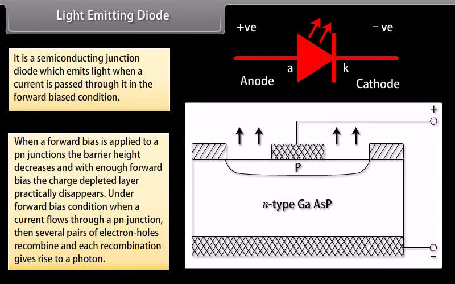When a forward bias is applied to a p-n junction, the barrier height decreases, and with enough forward bias, the charge-depleted layer practically disappears. Under forward bias, when a current flows through a p-n junction, several electron-hole pairs recombine, and each recombination gives rise to a photon.